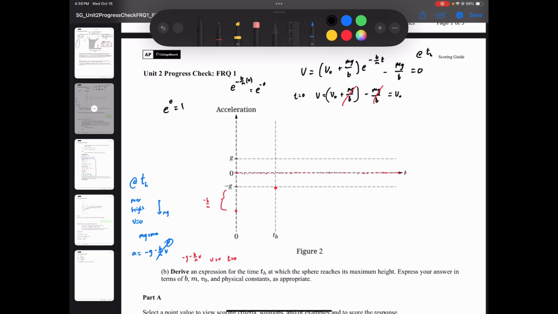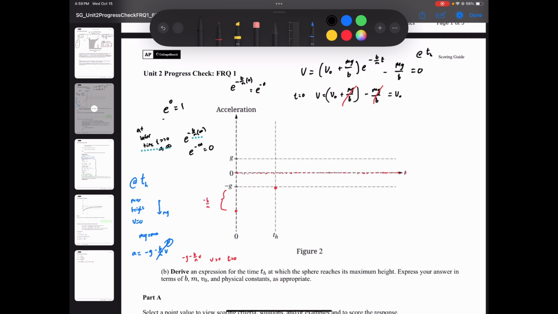Now, at a much later time t, let's say it's much greater than 0, as t approaches infinity, now we have to look at this exponential term, the e to the negative b over m times t. I'm going to have e to the negative b over m times infinity. Well, e to the negative infinity is equal to 0.